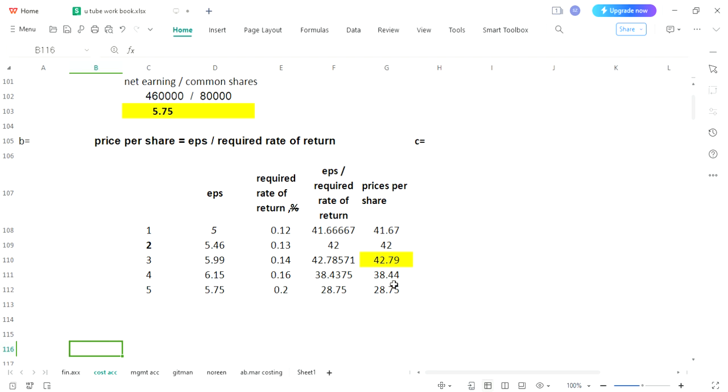Your per share price has dropped, which is extremely unfavorable for any organization. So this is your optimal stage. After this, you will not be able to get an increased per share price. So you must stop over here. No further loan or debt should be included in our capital structure.